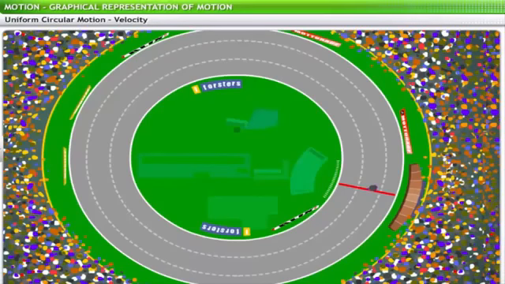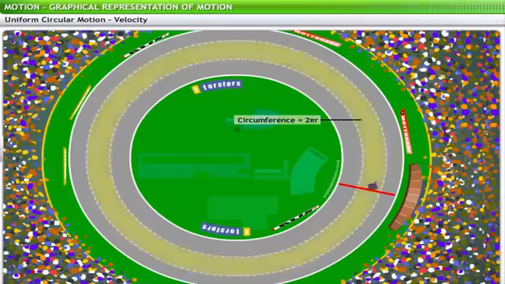How would you calculate the velocity or the distance covered during uniform circular motion? Let's analyze the example of an athlete who is running along a circular track. The distance covered by the athlete at the end of one lap is equal to the circumference of the track. S is equal to 2 pi r. The speed of an object is the ratio of displacement to time.